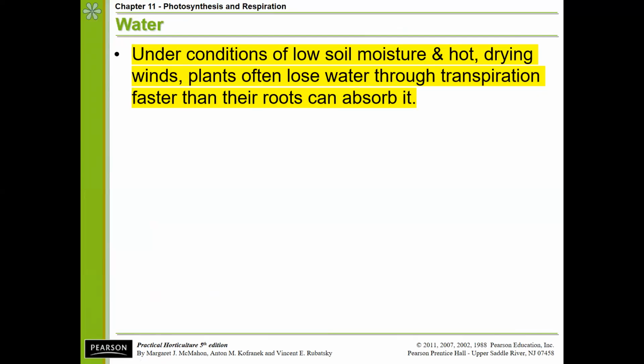So if you guys have grown summer squash or winter squash, or other crops that have really large leaf surface areas, there's just so much transpiration taking place that the roots can't keep up with it, and you get temporary wilts.